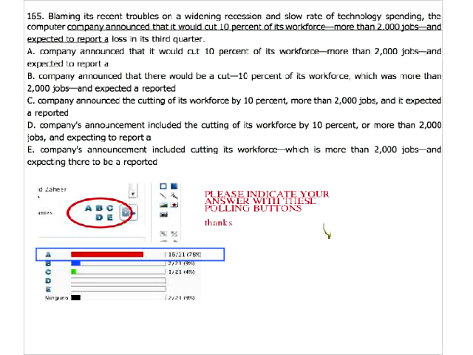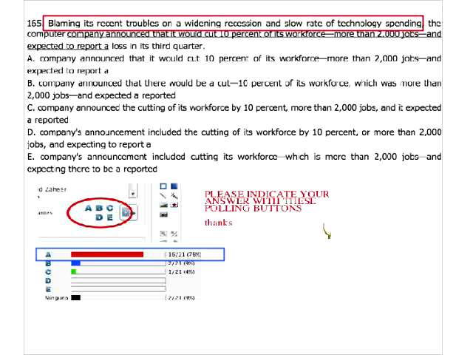Blaming its recent troubles on a widening recession and slow rate of technology spending. That is an ing initial modifier. So we need to know who's blaming its troubles on this stuff. This must refer to the company itself, not the announcement, because the announcement can't blame.